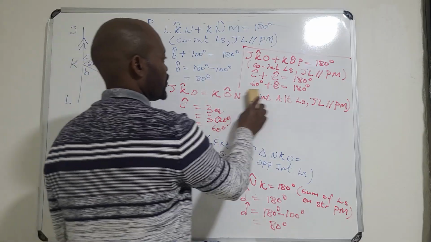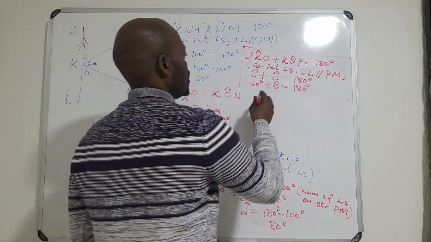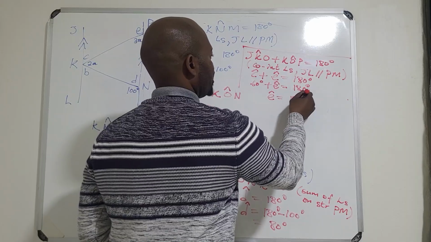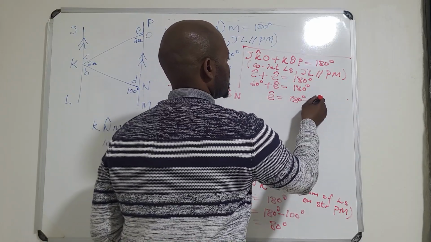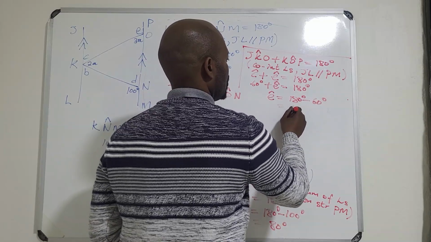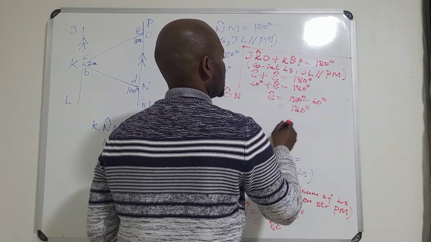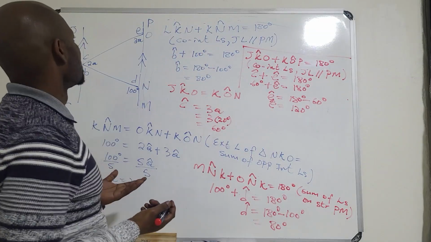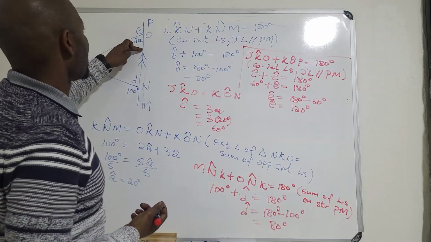Now, angle E is equals to 180 degrees minus 60 degrees, which is equals to 120 degrees, angle E.